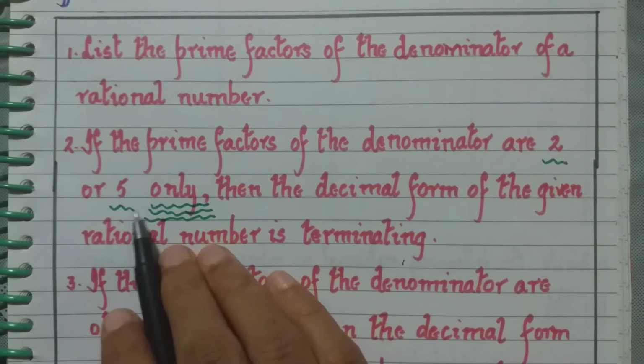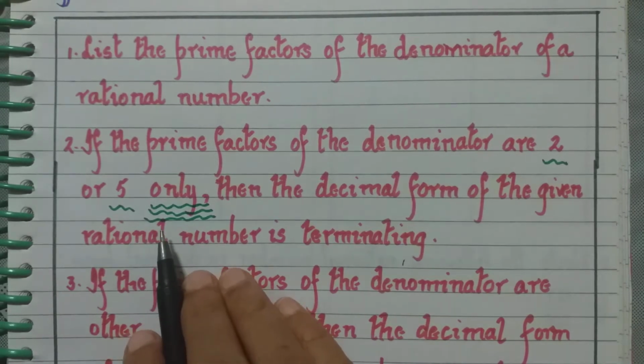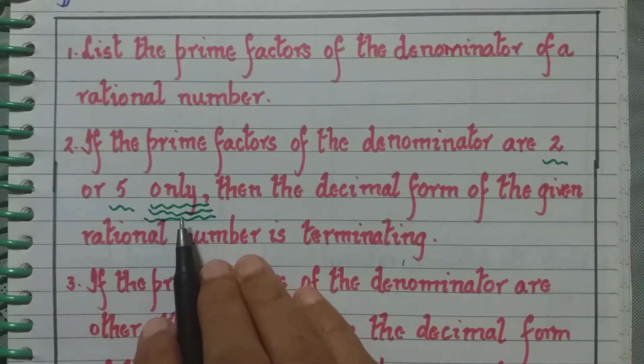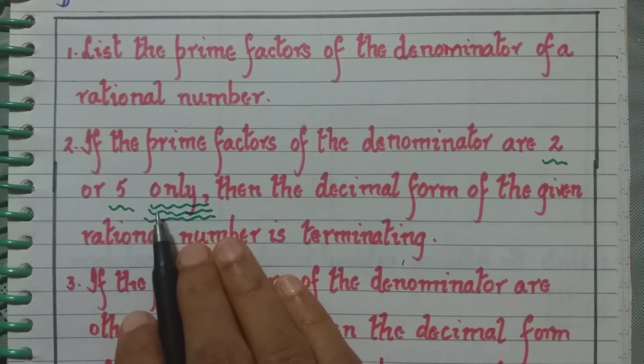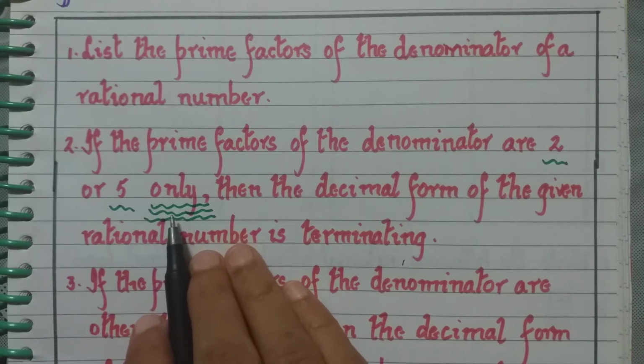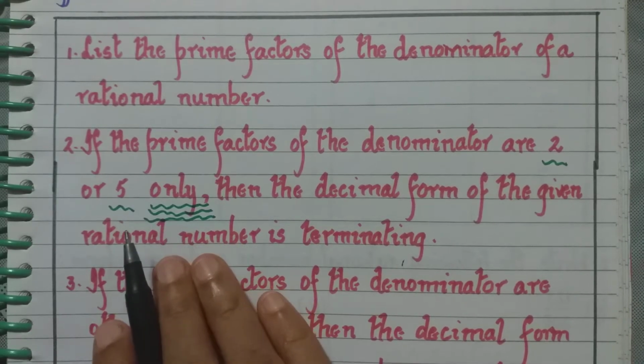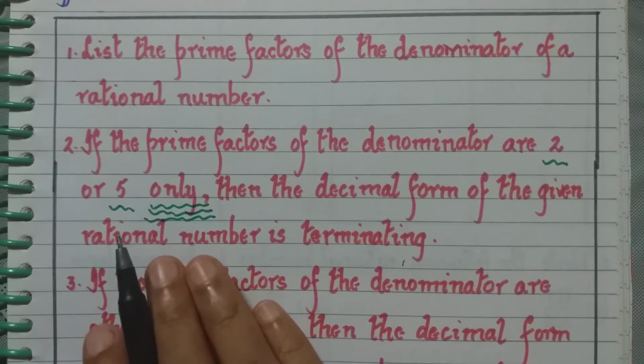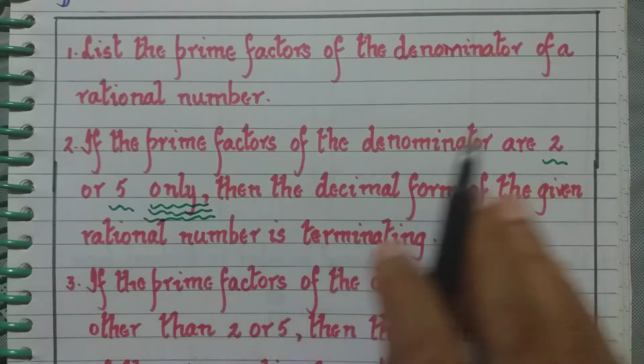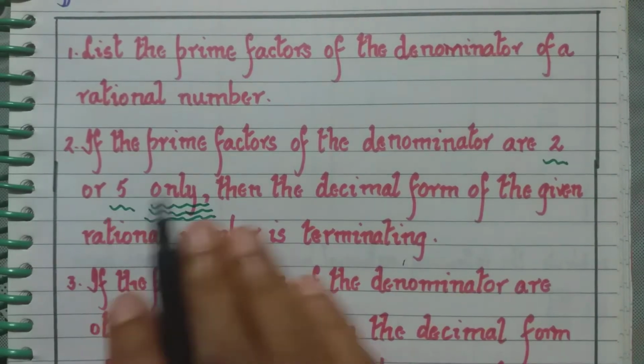Or if I have the denominator as 625, 5 into 5 is 25, 25 into 5 is 125, 125 into 5 is again 625, where the prime factors here are only 5, or it can be 2 and 5 only.